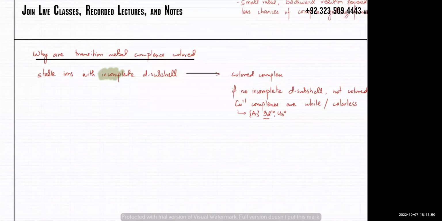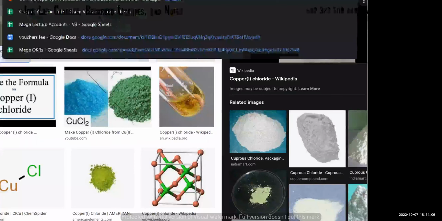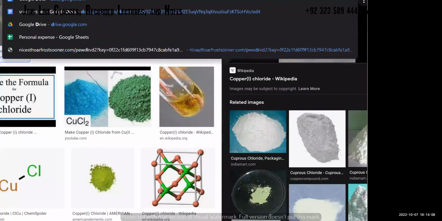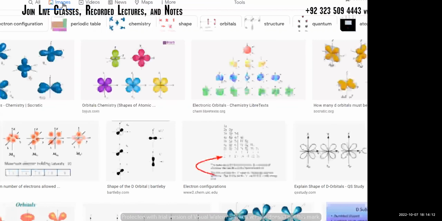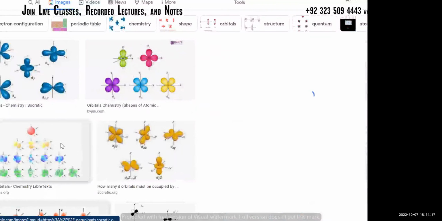So you've got to have an incomplete d subshell. Now, what's so important about an incomplete d subshell that it ends up resulting in colored complexes? First thing, what's a d subshell? The d subshell looks like this. Let me just paste an image. You've got 5 d orbitals.